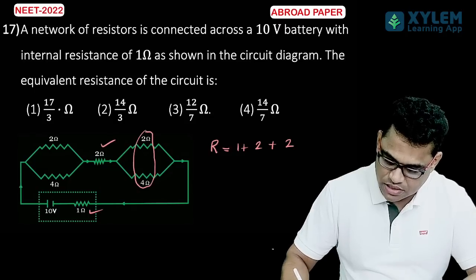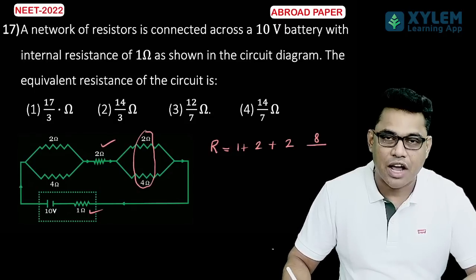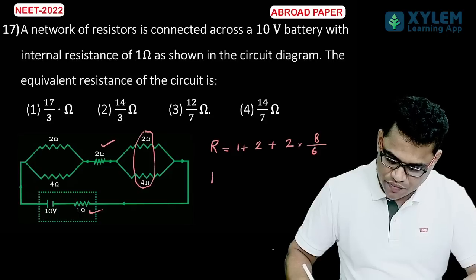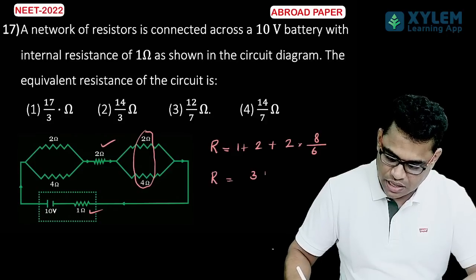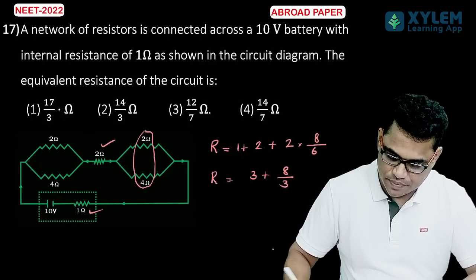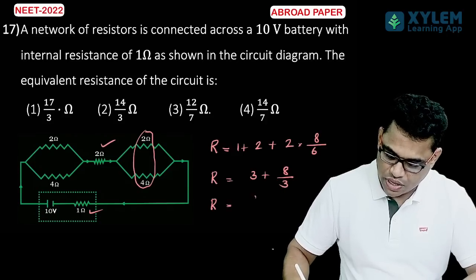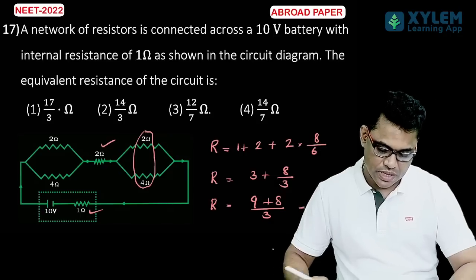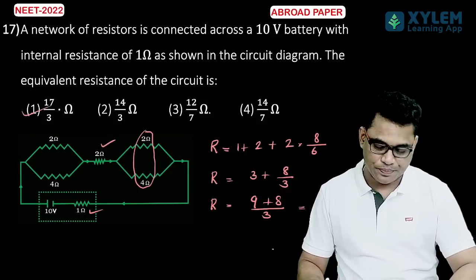R1 R2 is 8 divided by R1 plus R2 which is 6. Therefore, what we get is R is equal to 3 plus 8 by 3, which is equal to 9 plus 8 all divided by 3. This is equal to 17 divided by 3 ohm. Here is the answer 1.